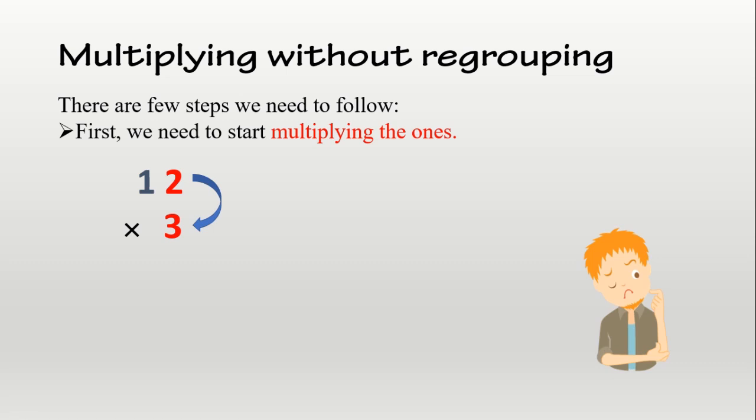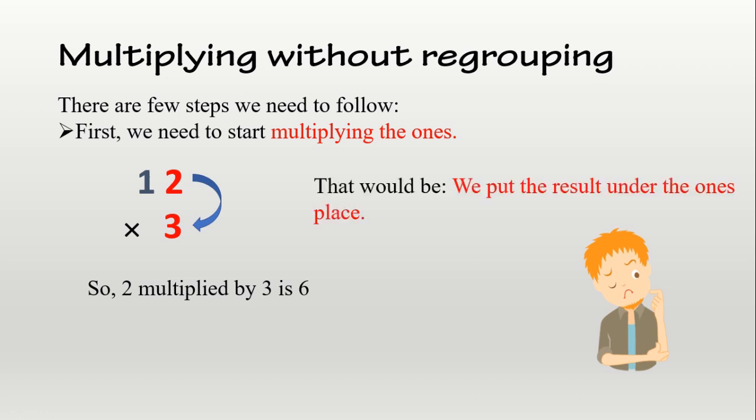Here 2 is in the ones place value, so we multiply 2 by 3. We get 6, right? So we put the result under the ones place value.